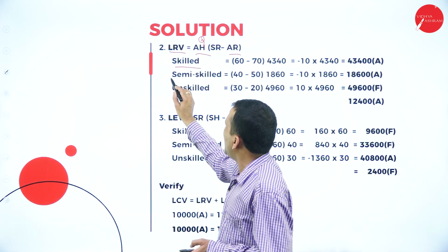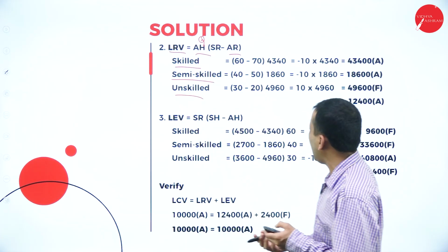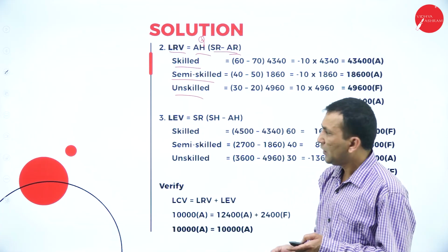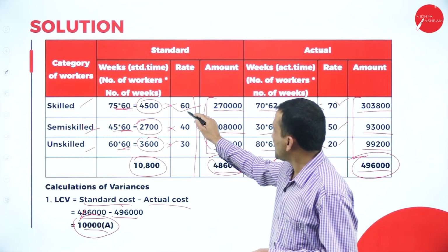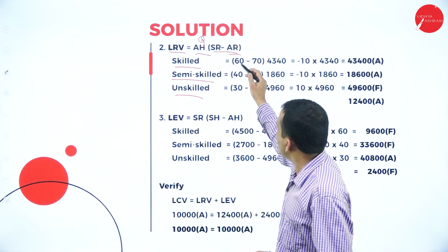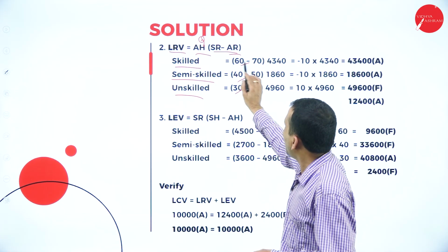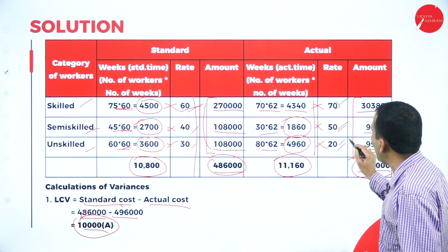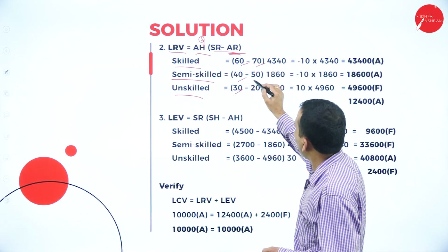The skilled, semi-skilled, unskilled values are given. The standard rate given in the question: 60, 40, 30, as it is I have written. The actual rate given in the question is 70, 50, 20.